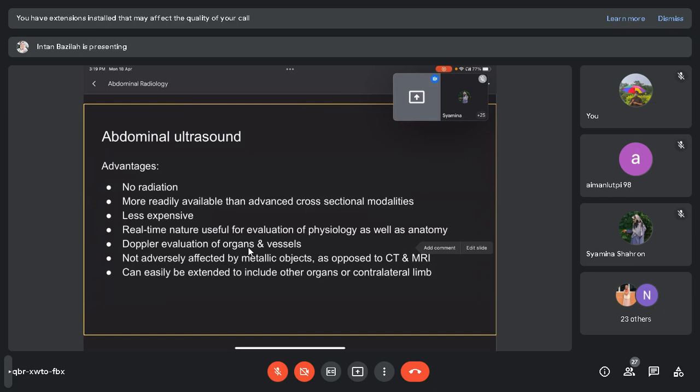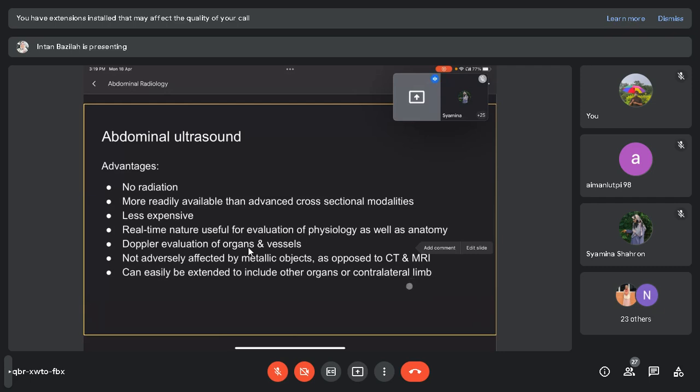Real-time means that whatever changes that occur, you can see there and then, okay? And there's no adverse effect of metallic objects in contrast to CT and MRI.